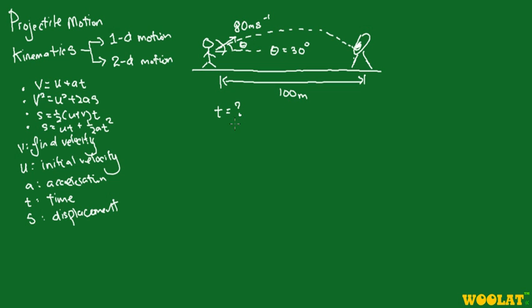Okay, so let's try solving for the unknown time. In this scenario, being a projectile motion, I have to divide the problem into two parts. One is to deal with the vertical direction of travel. For the vertical direction, what are the known quantities?